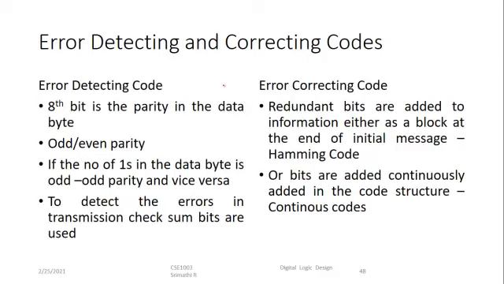For example, if I send a digit with even parity, meaning an even number of ones, and at the receiving end I receive odd parity, meaning an odd number of ones, then the data I have received is wrong. That is an error detecting code. After checking this parity bit, how to correct the data can be done using Hamming code or other codes.